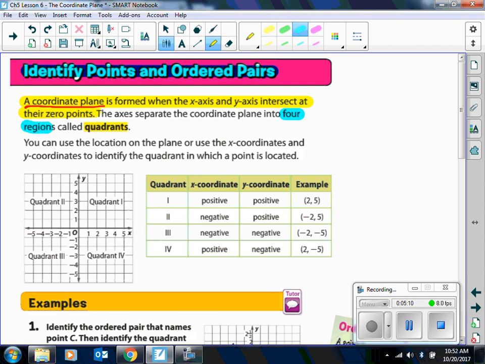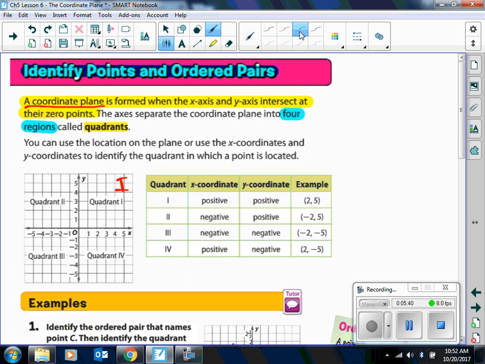Okay? And we have quadrant 1, quadrant 2, quadrant 3, and quadrant 4, just like we said in the warm-up. Okay? Now, you guys started learning graphing with quadrant 1, right? With only the positives, right? So that's where you started with. That is your first quadrant, okay? And then think about this.